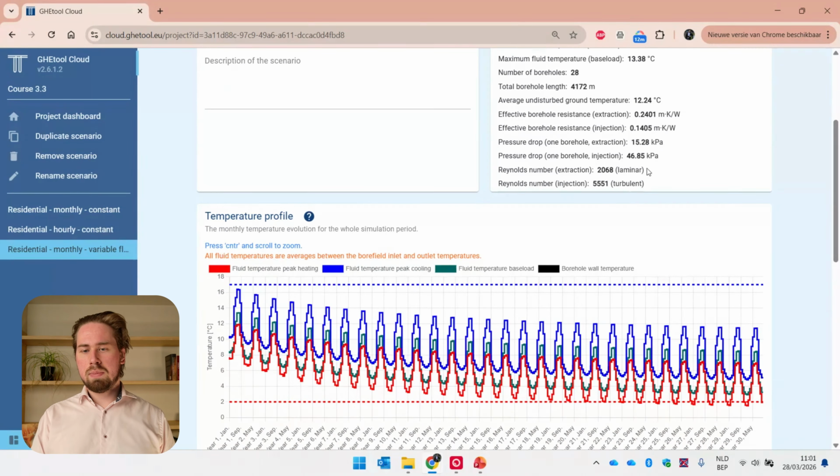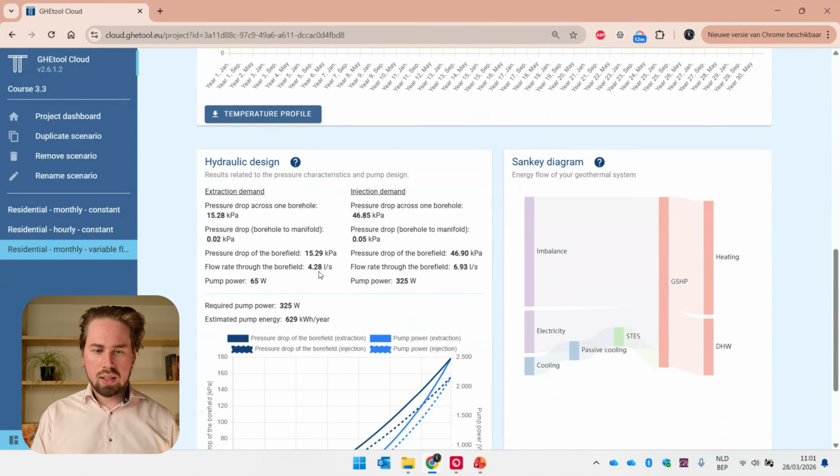And why is that? It's because we're now no longer turbulent during extraction. Now our flow rate, if we scroll down, is only 4.28 liters per second. Because our peak power is only 62 kilowatts and not 77, giving us a lower flow rate and also, hence, a lower Reynolds number and borehole resistance.